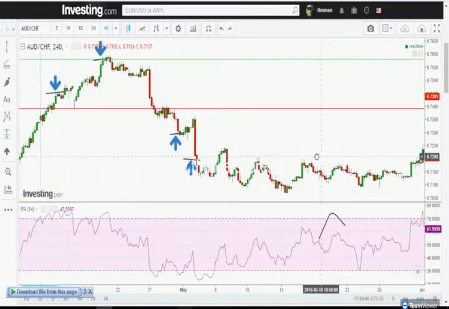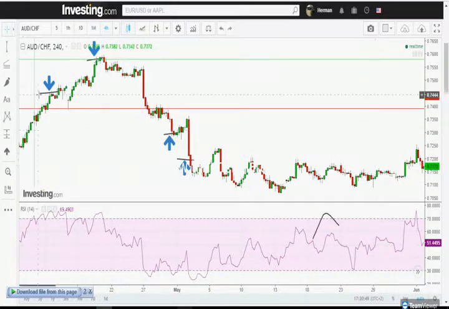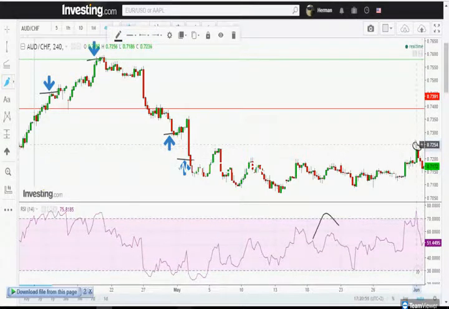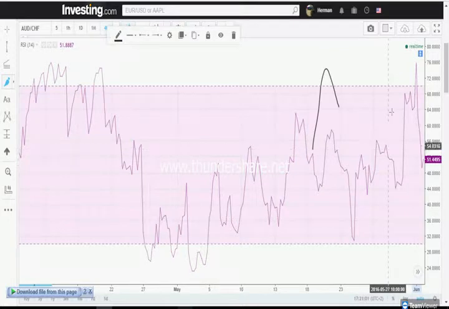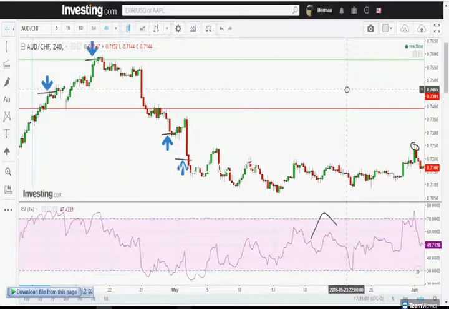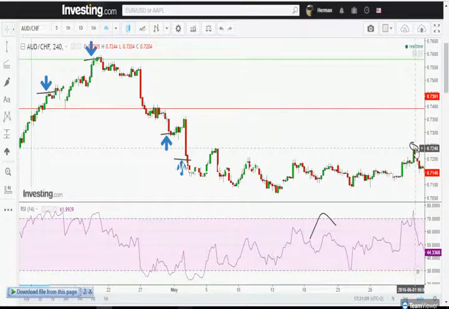Remember, we still have those two trades floating. On the first, see what happened on the first. That spike caused the RSI to reach the 70 level.